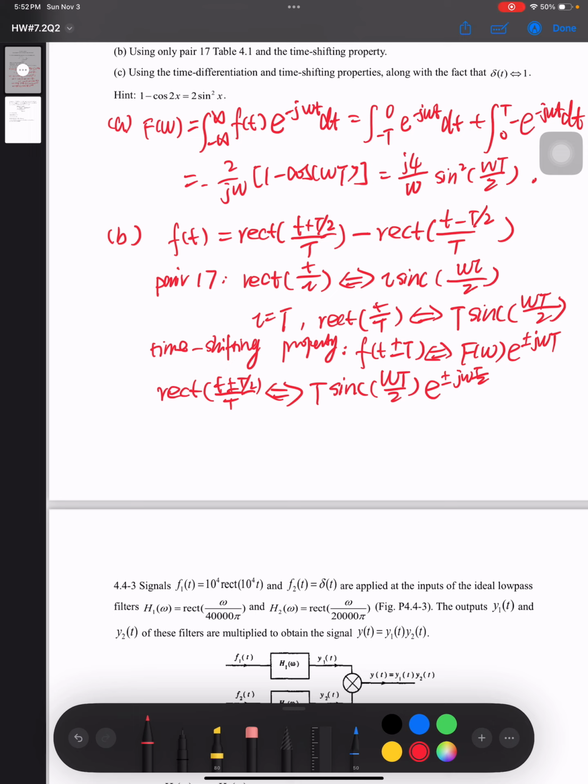So we can get the f(t), rect of (t minus T over 2) minus rect of (t plus T over 2).